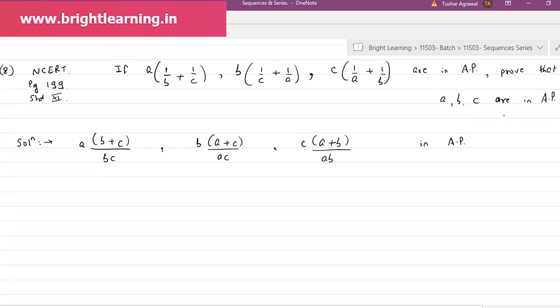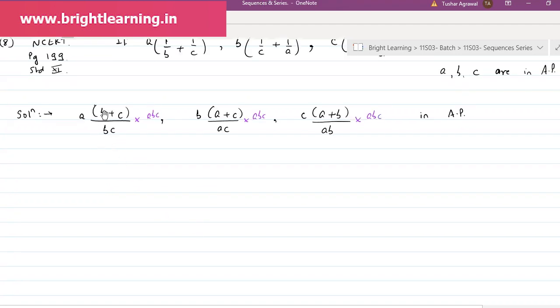Now my target is A, B, C, so I don't want these denominators. This is upon BC, upon AC, upon AB. I will just multiply all of them by ABC. All the three terms are multiplied by the same number.